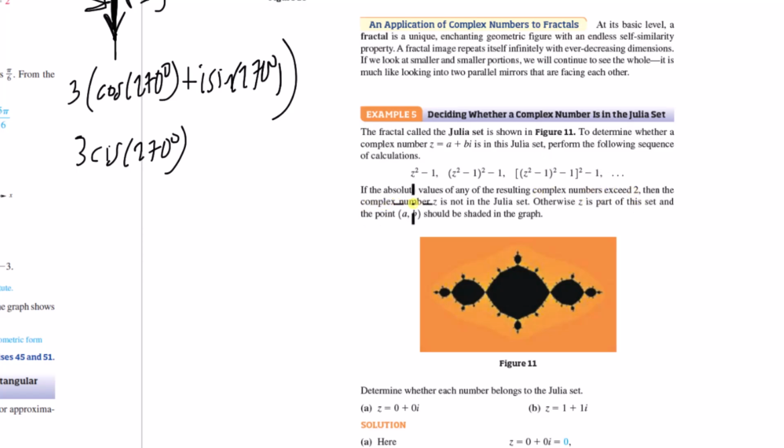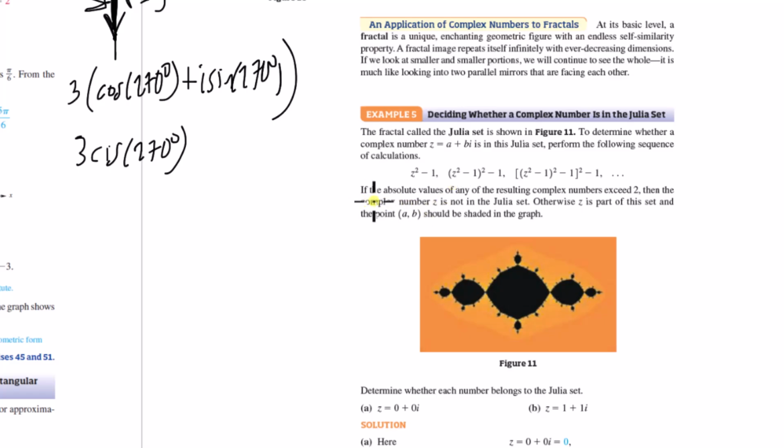All right. Now, if the absolute values of any of the resulting complex numbers exceed 2, so the modulus, then the complex number z is not in the Julia set. Every number that exists is a complex number; even this is a complex number, and the modulus in this case would be 4, because that's the only component. Maybe you end up with a non-real complex number, but you can still find the modulus.